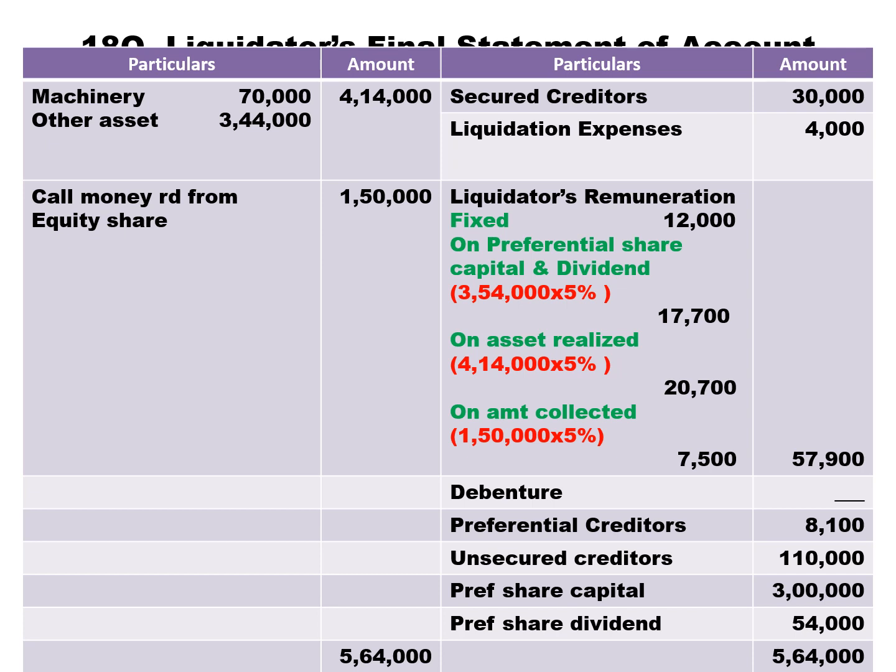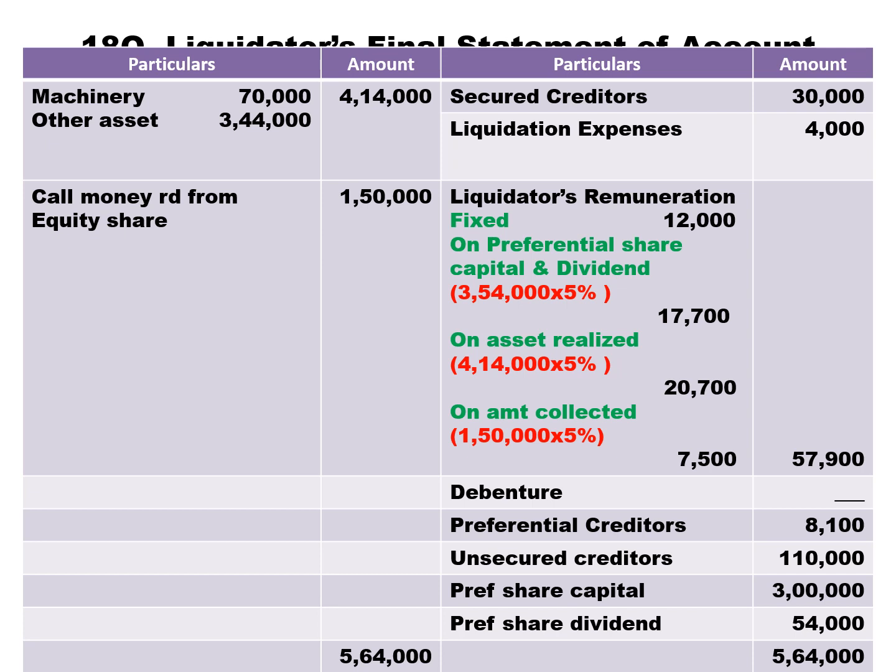One important note I need to explain. See students, we have to make a conclusion. Preference capital has to be paid, preference dividend has to be paid.